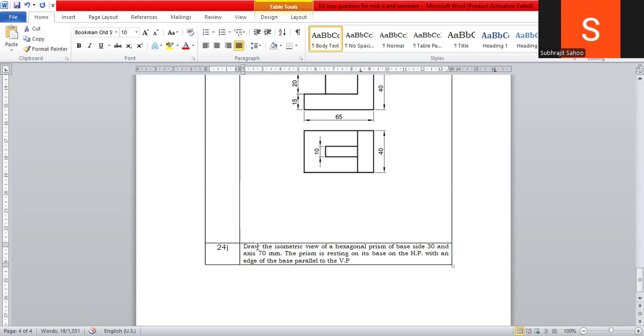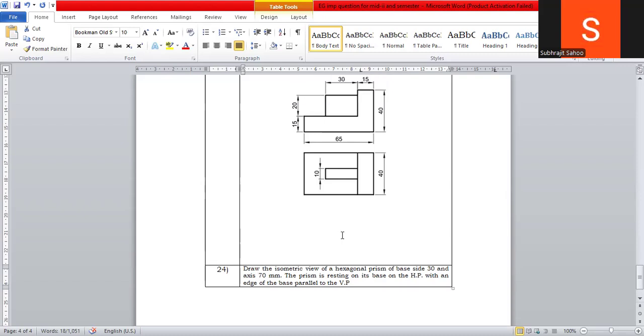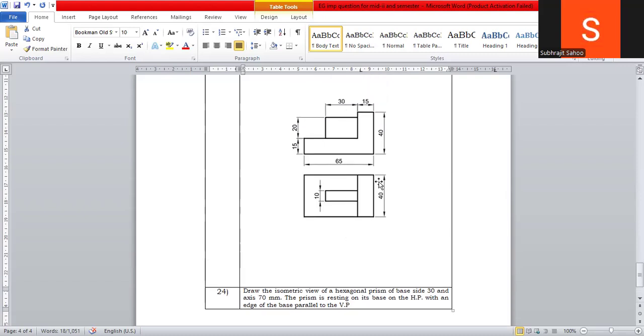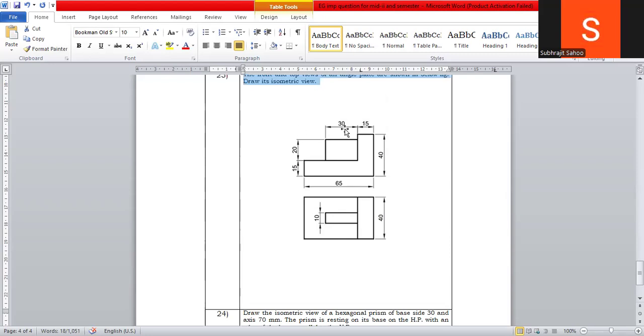In the last video, while I was drawing question number 23, I told you the 2D figure was given and I needed to convert it into a 3D figure, that is nothing but the isometric view.